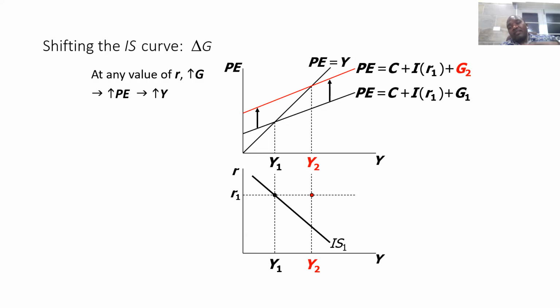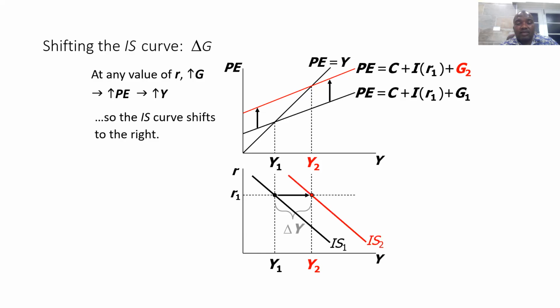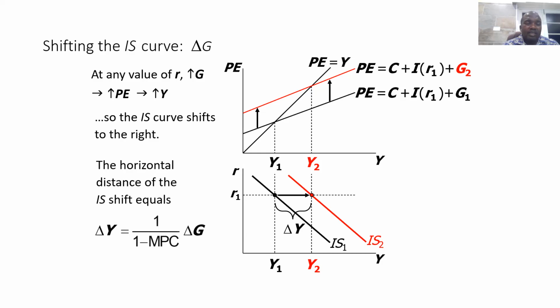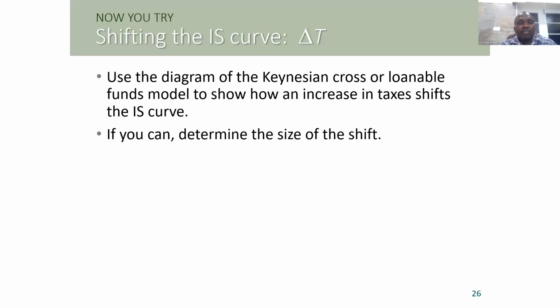So it means at the new level of expenditure, necessitated by an increase in government expenditure from G1 to G2, given that the interest rate has not increased, it stands to reason that we are operating on a higher IS curve, which is IS curve 2. So the horizontal distance of the IS shift is equal to delta Y equals 1 over 1 minus MPC multiplied by delta G, which is the government expenditure multiplier, which we covered earlier.